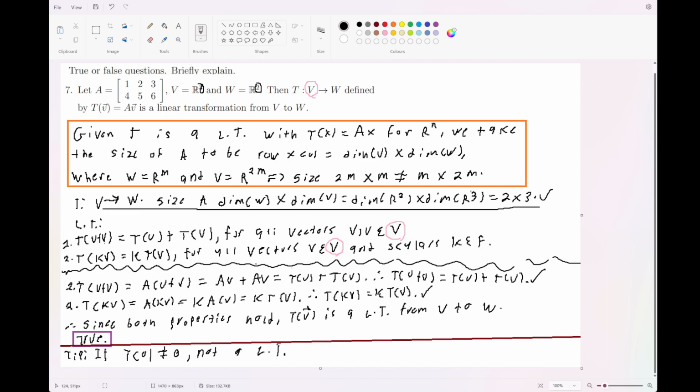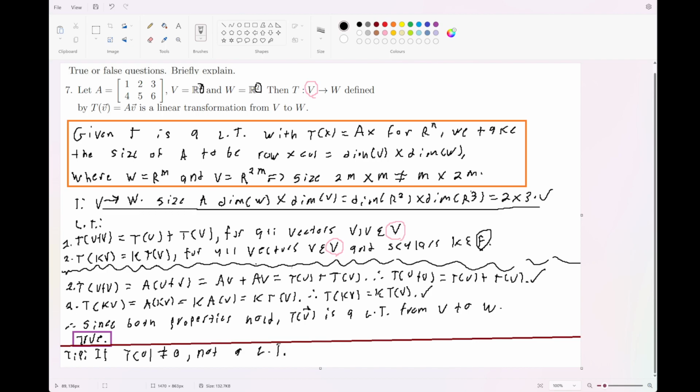So T(u plus v) equals T(u) plus T(v) for all vectors v, u elements of some vector space that we've decided. And then T(kv) equals kT(v) for all vectors v element of V and scalars k element of F, where we have just some field, which isn't really defined here, so we can just suppose this.